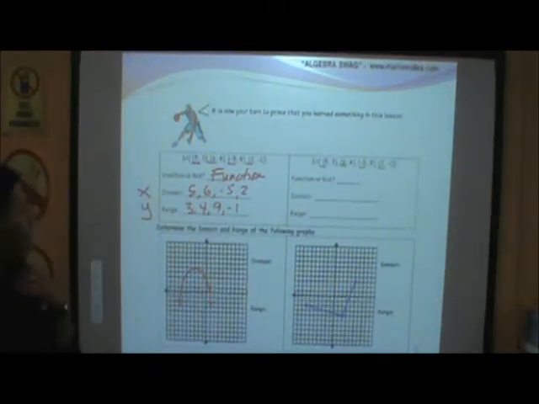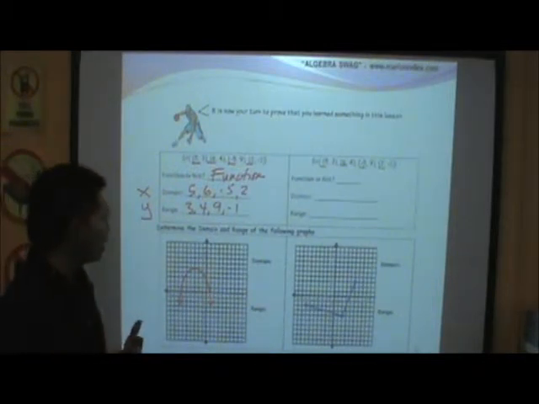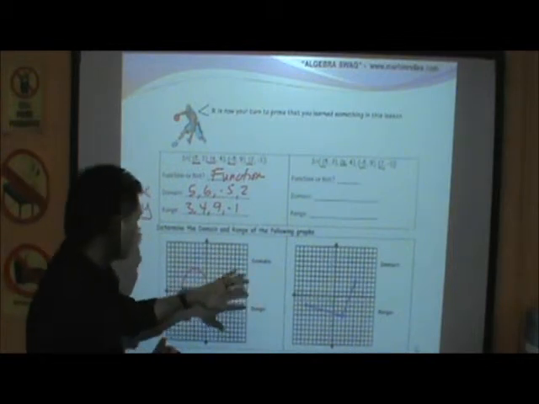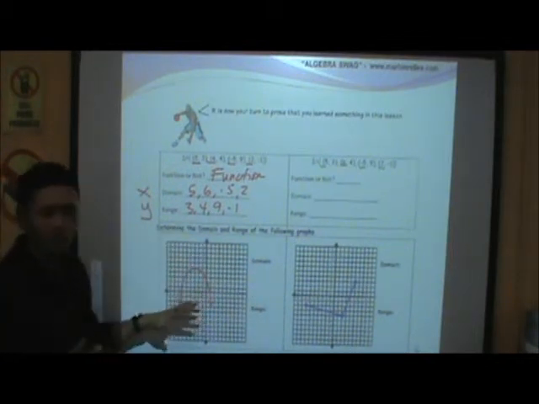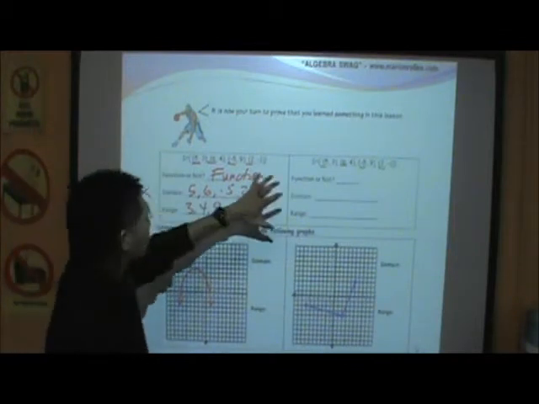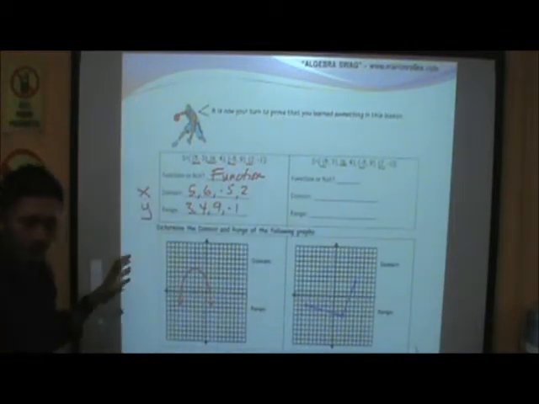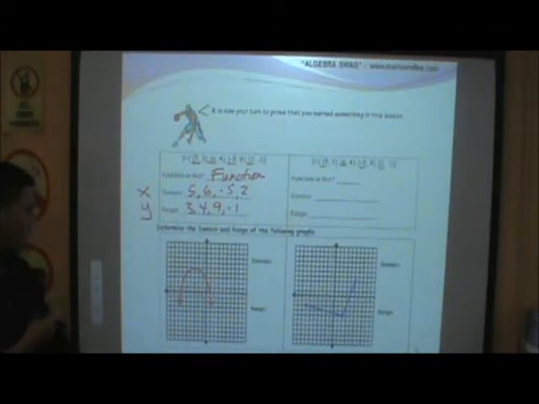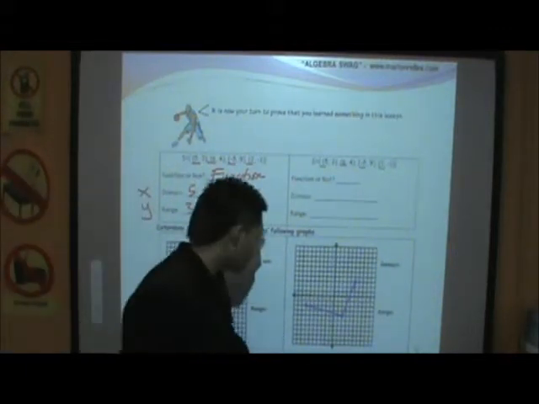Okay, now how will you identify the domain given the graph? Now, it's easy to identify the domain and range given the ordered pairs. But given the graph, it's a little bit interesting. It's a little bit confusing.